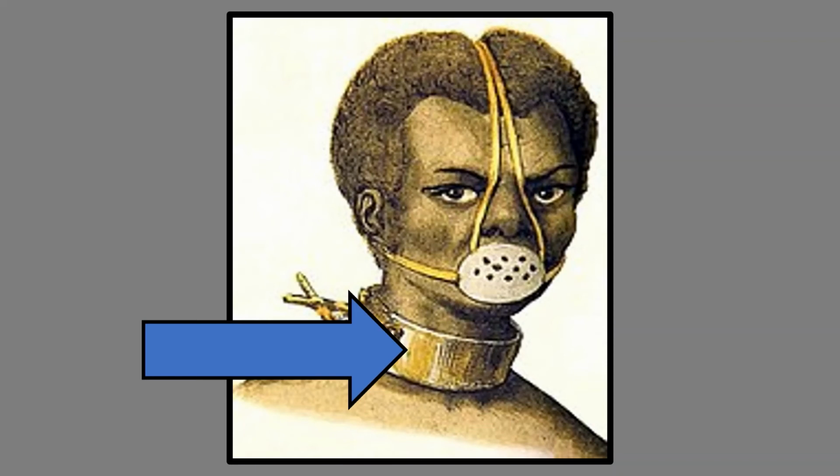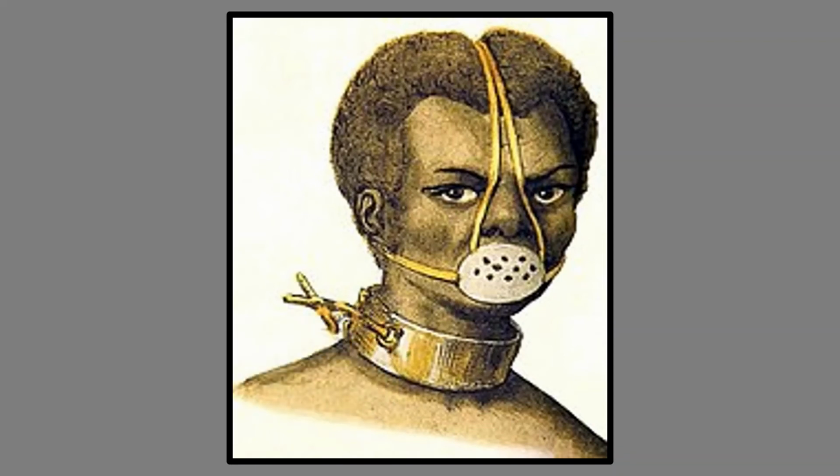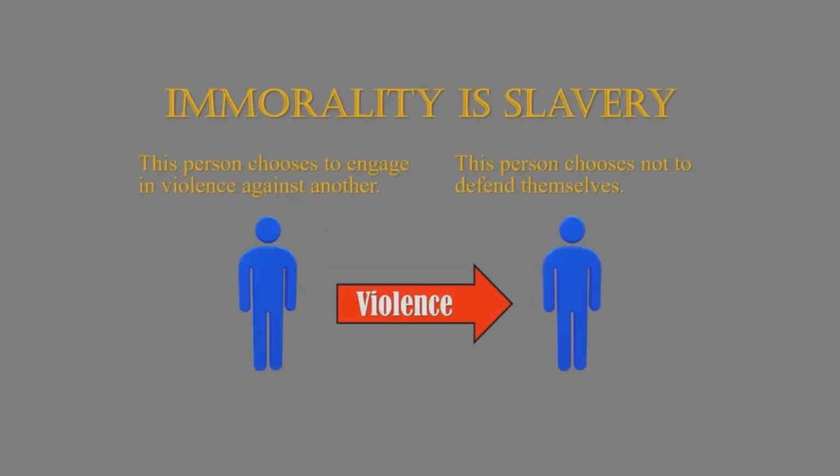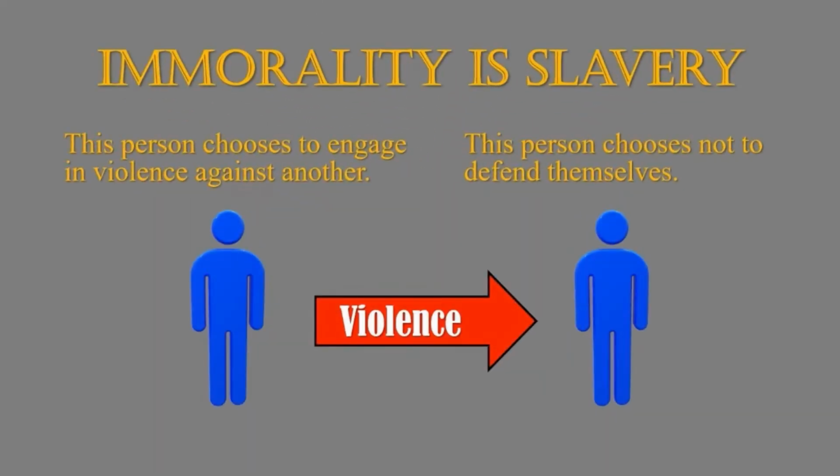Keep that in mind. Like I mentioned earlier, immorality is slavery. Just like morality is freedom, immorality is slavery. And I'm going to give you a little cursory idea of how this works, and I will be talking a lot more about this in upcoming episodes.